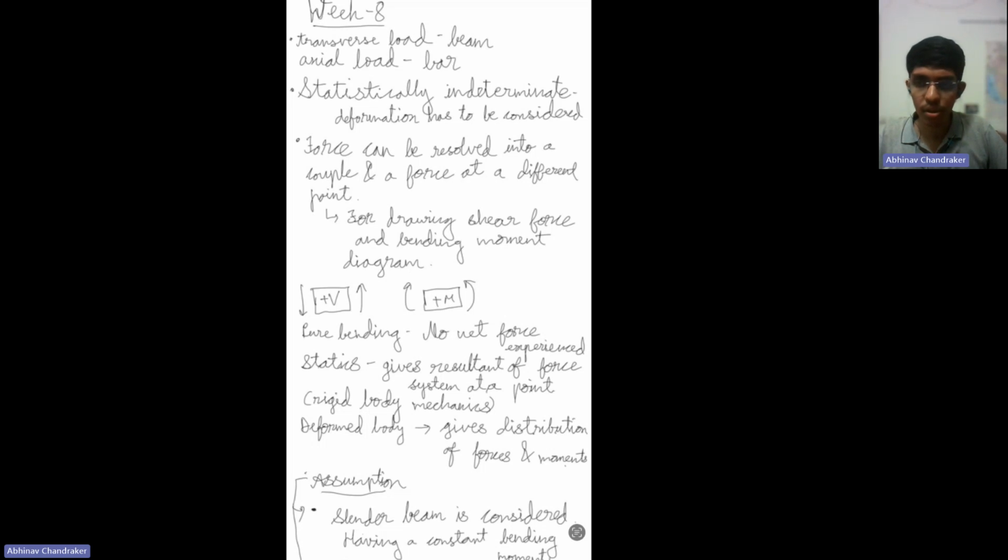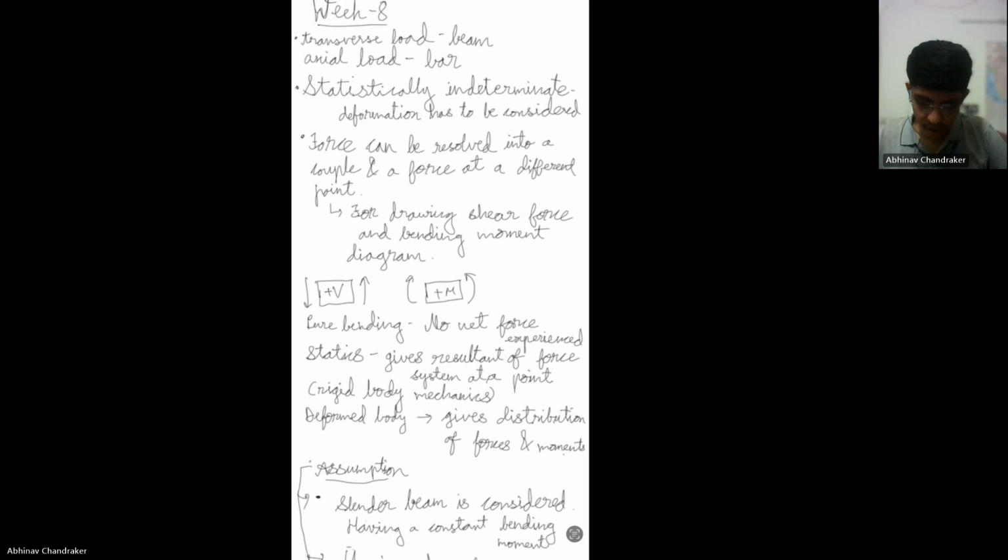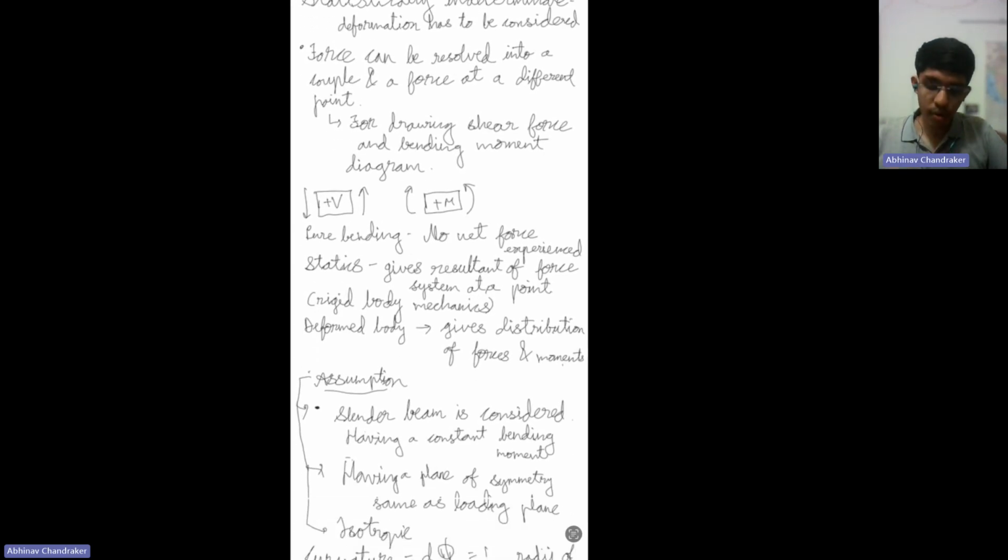But now you can know the force and moment being experienced at that particular new point. Sir told how you can do that, and that is helpful when you want to draw the shear force and bending moment diagram for any kind of loading. If you do this, it can be quicker to make the diagram.